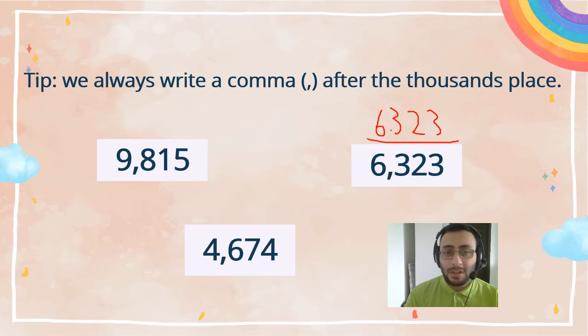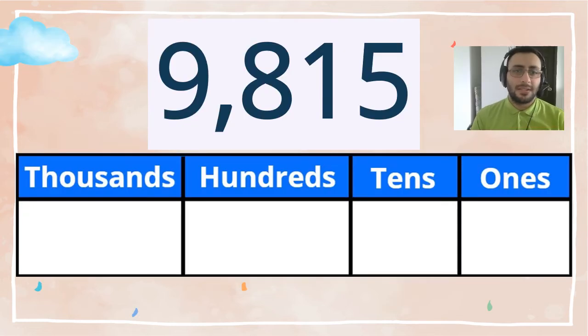But when we put the comma, oh, now I know. So this is 6,323. See, it's easier to read when there is a comma here. So don't forget to put comma between hundreds and thousands. Now, let's do some exercise.